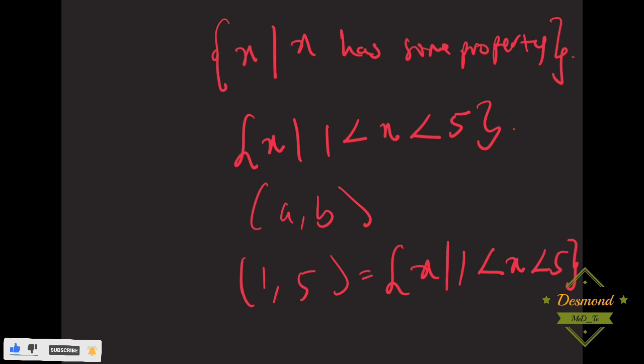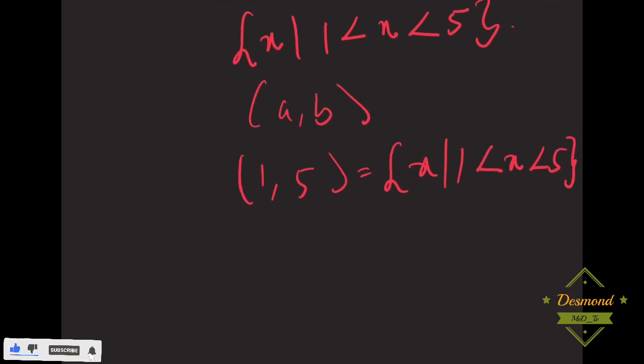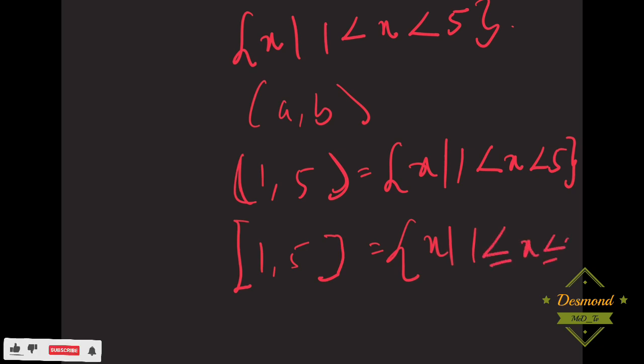If we want to consider the set that includes the endpoints, we denote this by writing it with square brackets. So [1, 5] is equal to the set of x such that 1 is less than or equal to x less than or equal to 5. That's how we can write it.